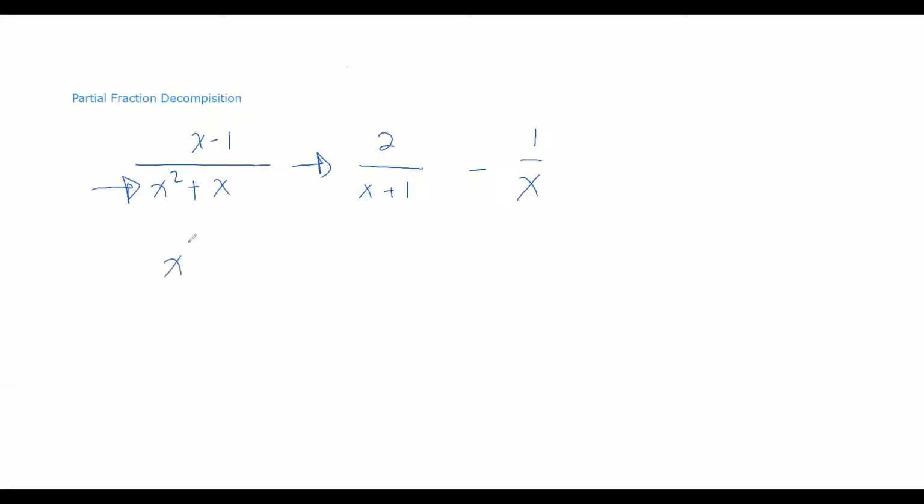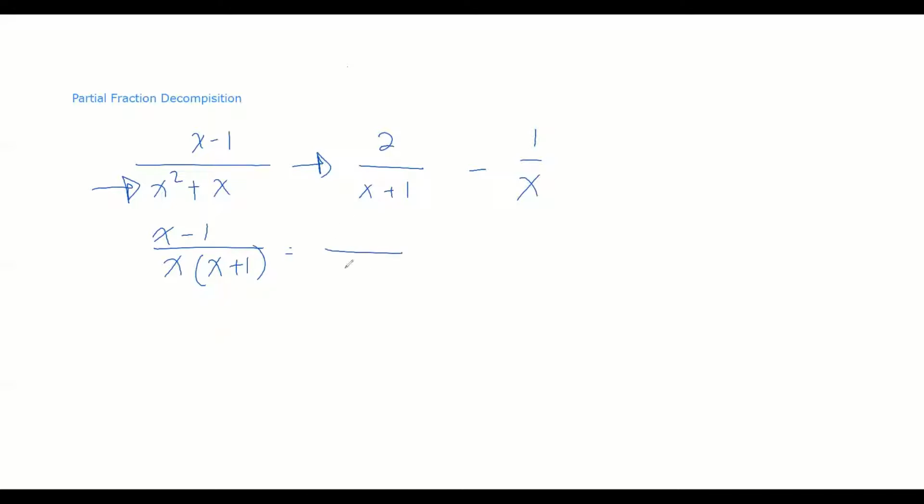So in this case, my factored denominator is going to be x times x plus 1, and we can see that here. The reason why we do that is it's going to affect what is essentially going on here. Now, running through this one real quick, in order to set up these problems, essentially what I'm going to do is take each of these.